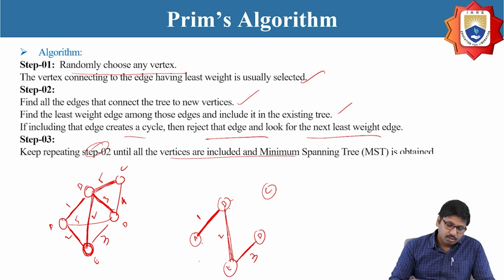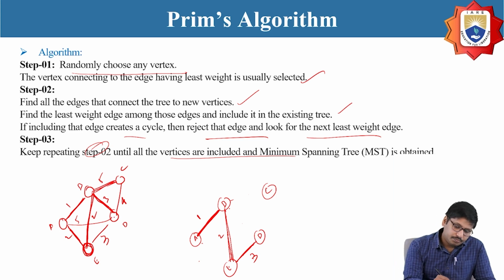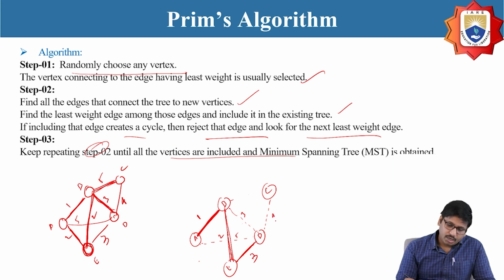And from here, D. What are the edges that I have? This should be 5, this should be 3, and this should be 4. These are the edges that are connected from D. 3 is already there, so the next minimum is 2.